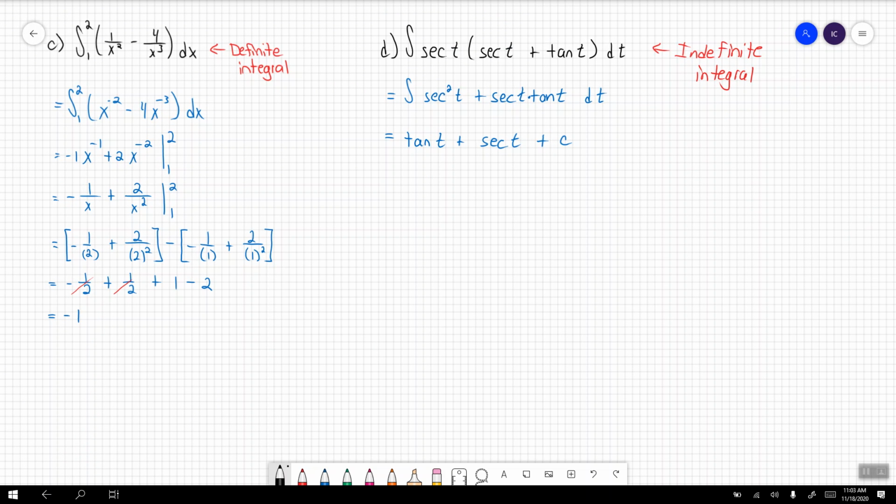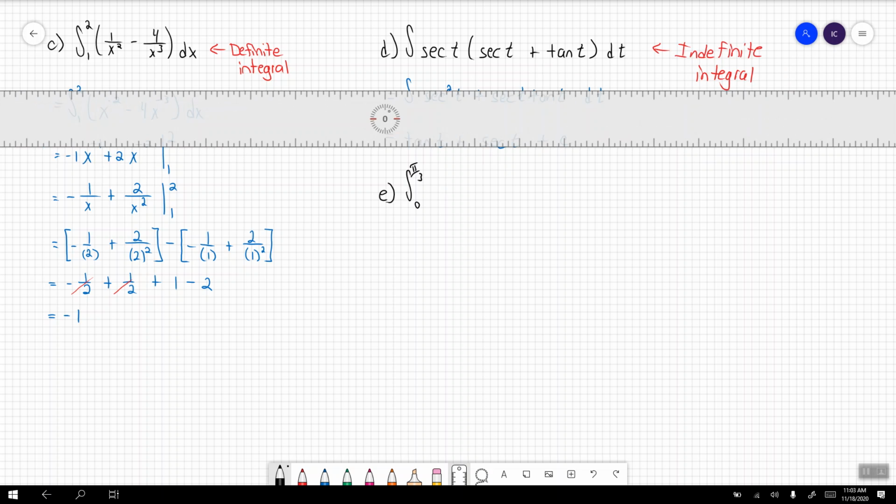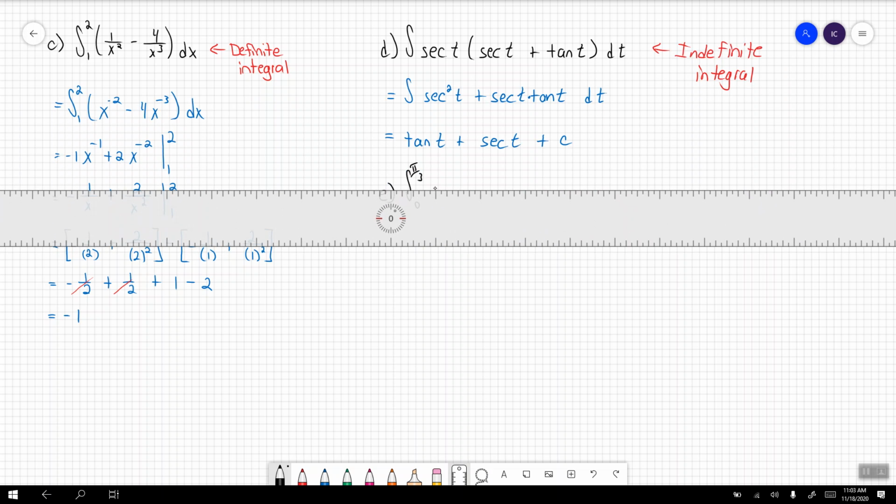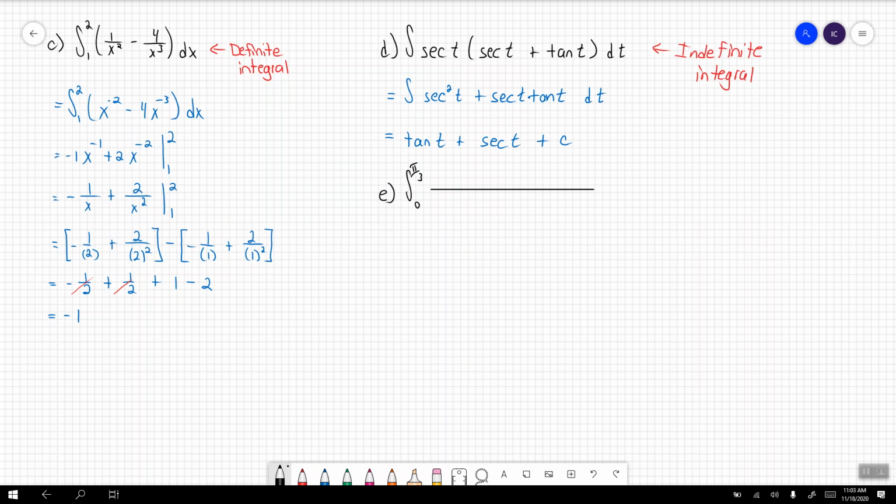All right, so let's look at part E. I'm going to do part E right here, right below. So we're going to do the integral from 0 to pi thirds. Numerator is going to be sine of theta plus sine of theta times tangent squared of theta. Denominator is going to be secant squared theta, and this is all d theta.